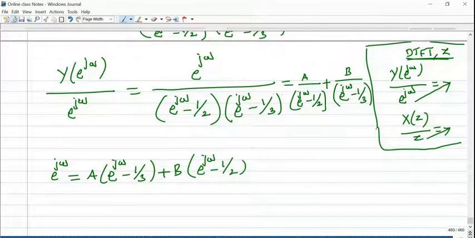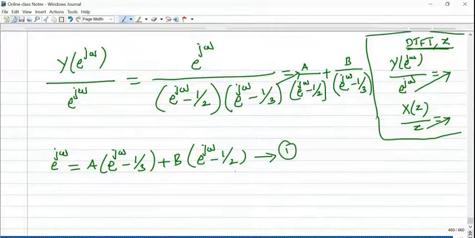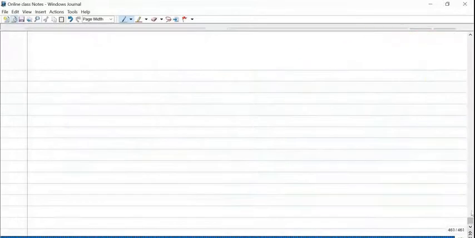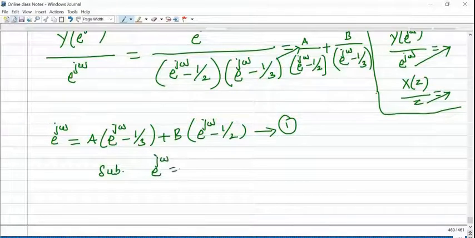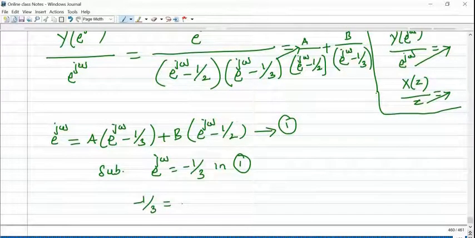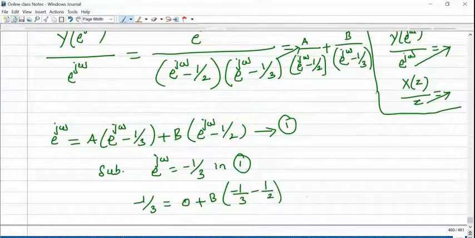If we multiply this particular term on the right side, you will get it. So in this equation 1, substitute some value of e power j omega. Substitute e power j omega equal to 1 by 3. So 1 by 3 equals 0 plus B times (1 by 3 minus 1 by 2). And solve this.